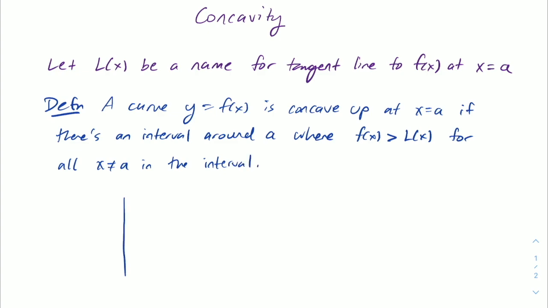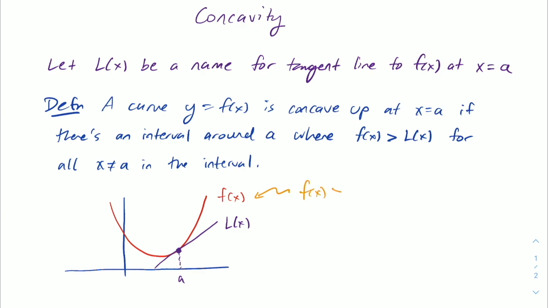Alright, let's draw a function. So here's my function, f of x. Let's look at this point over here, call that a. And we'll look at the tangent line at this point. It's L of x. And you can see that f of x is greater than L of x for all x near a.